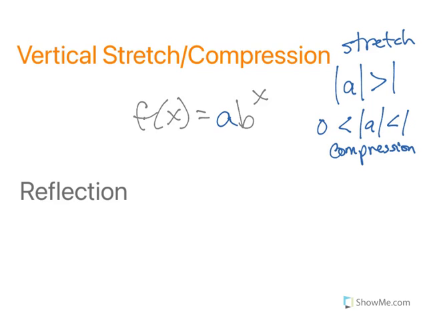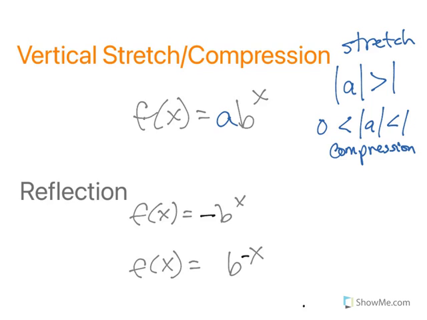For the reflection, we could have two different reflections. Let me give you two pieces here. We're either going to have a negative sign out front or a negative sign with my exponent. If it's reflected about the x-axis, so across the x-axis, then the negative sign is going to be out front.